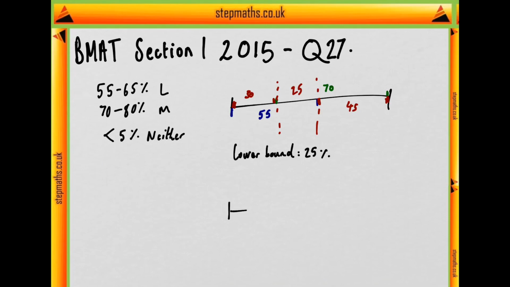So now that we have our lower bound of 25, let's draw another number line to work out our upper bound. So the same 100 pupils, this time I will include our 5% neither value maxed out at 5%, because that will serve to increase the potential overlap. So here's our 5%. Beyond this, people don't have either. We'll do the same thing again, this time using the upper values of the range. So we have 80% this time.